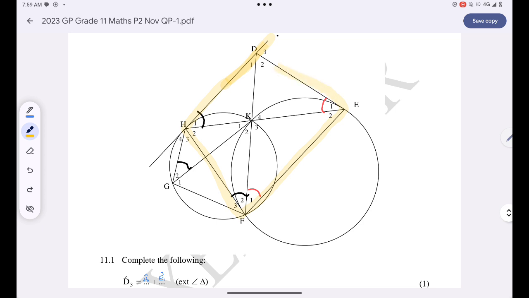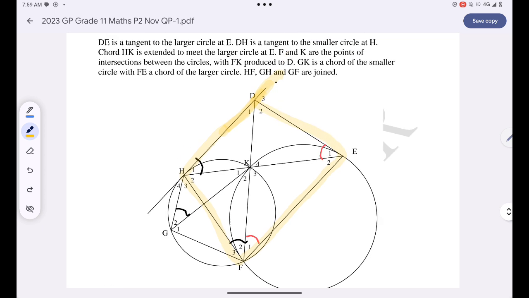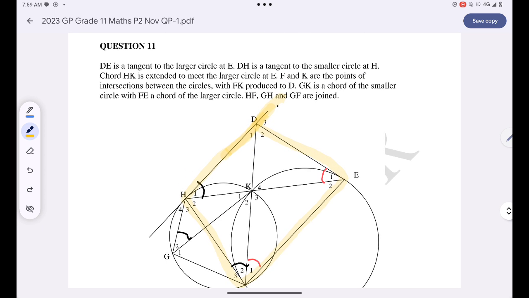Remember that if you are supposed to show that something is a cyclic quad, you either have to show that the opposite angles of that particular shape are supplementary, or show that the exterior angle is equal to the interior opposite angle, or you can show that angles in the same segment are equal.